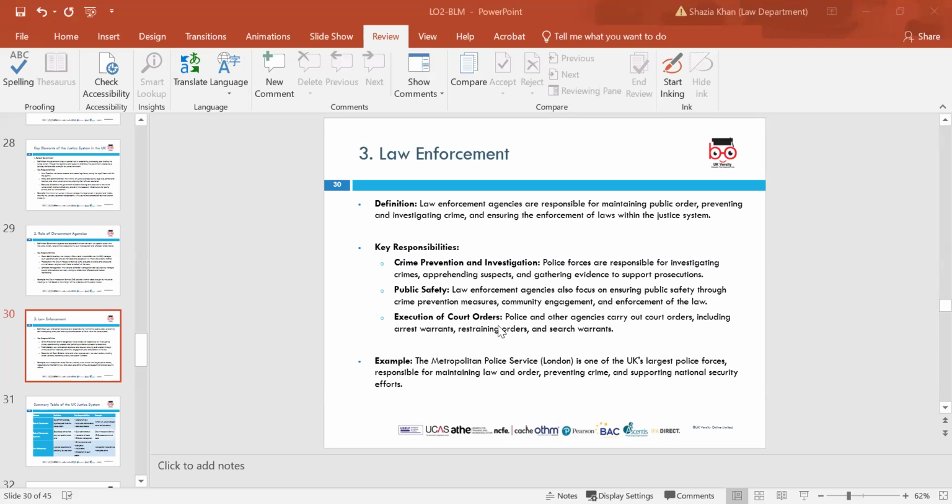They also execute court orders, so police and other agencies issue warrants, restraining orders and search warrants. The example they've given is the Metropolitan Police in London, one of the UK's largest forces, for maintaining law and order in the UK.